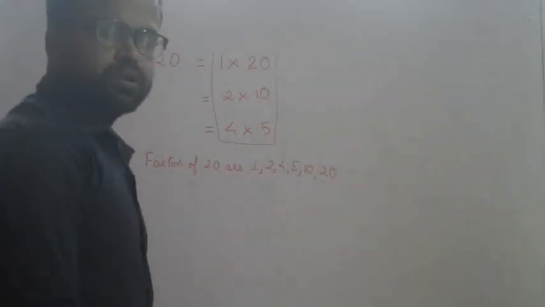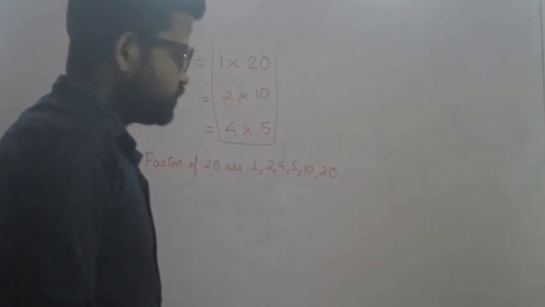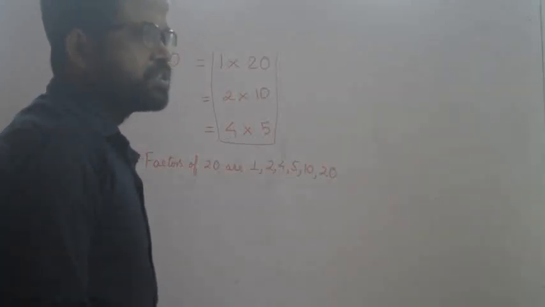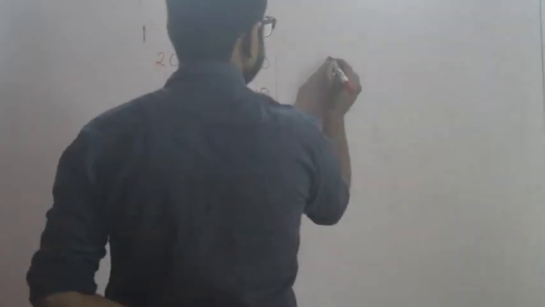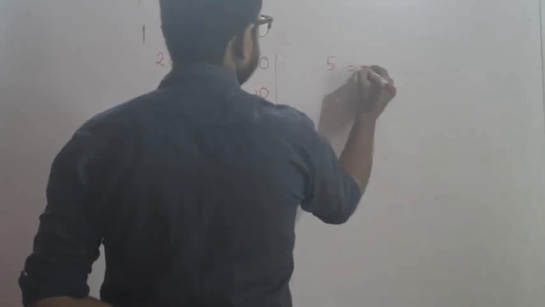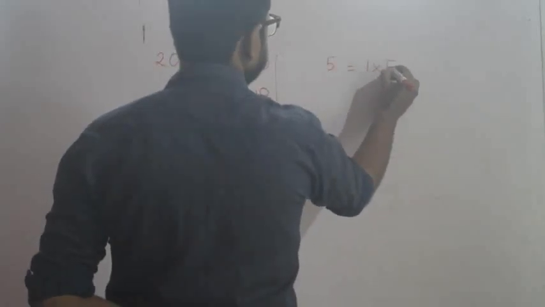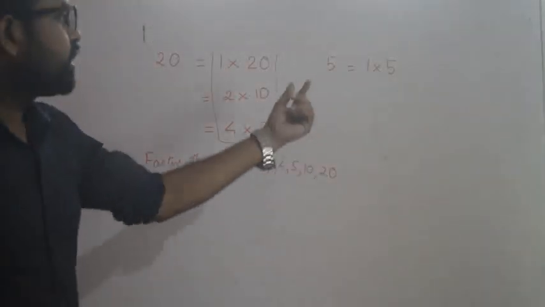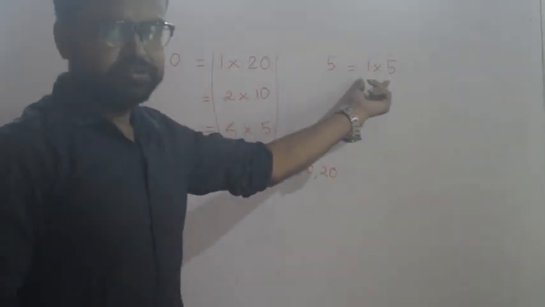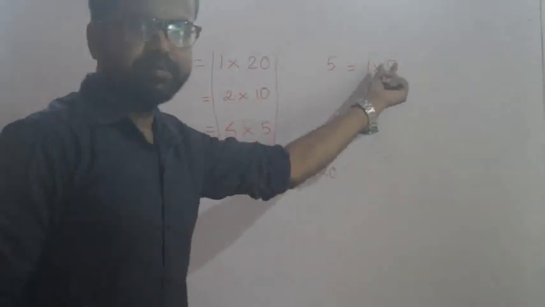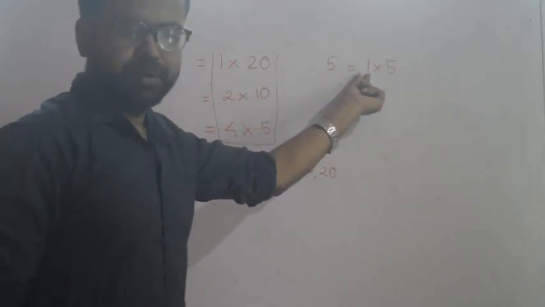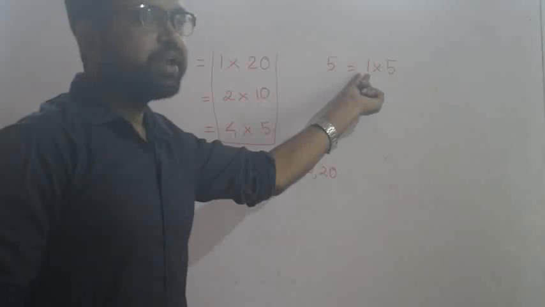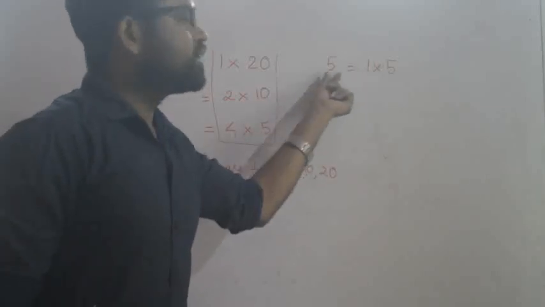Now see here. Sometimes you may get questions where you will be distracted. Let's take the example of 5. It can be written as only 1 into 5. So here we are getting only two factors, 1 and 5. That means 1 is a factor of every number, and 5 is the number itself.